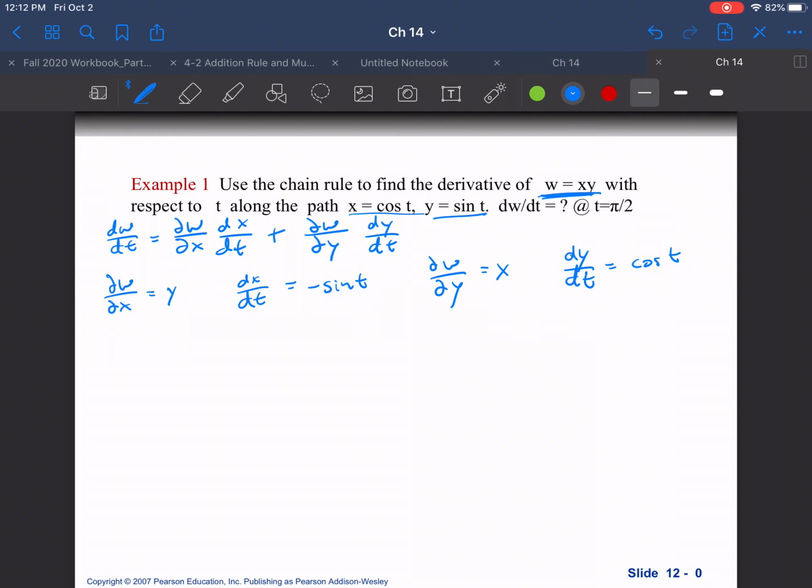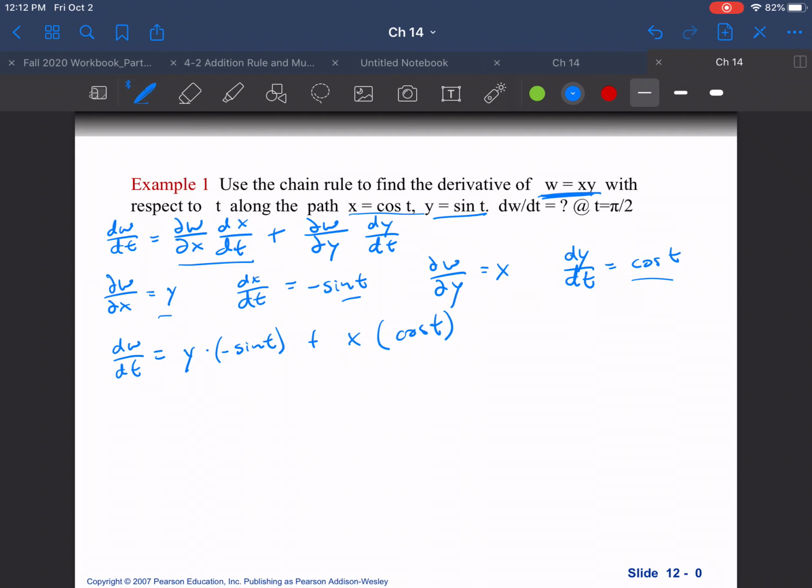So if we start putting those all together, we get dw dt equals y times negative sine t, that's this and this right there, plus partial w partial y, which is just x, times dy dt, which is cosine t, like that.